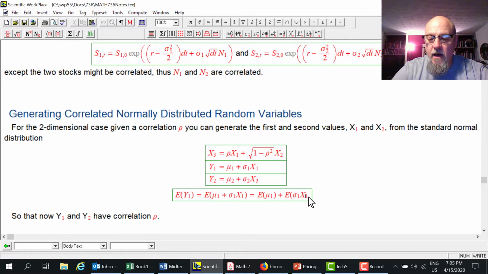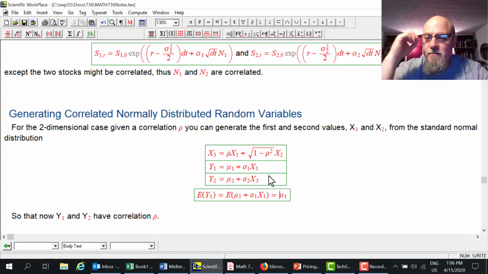Expected value distributes across a plus sign. And now sigma is a constant, so that can come outside the expected value. The expected value of x1 is 0, so this whole thing disappears. Mu is a constant, so the expected value of a constant is a constant. So our expected value of y1 is mu1. Likewise, same argument, the expected value of y2 is mu2. So they have the target expected value.